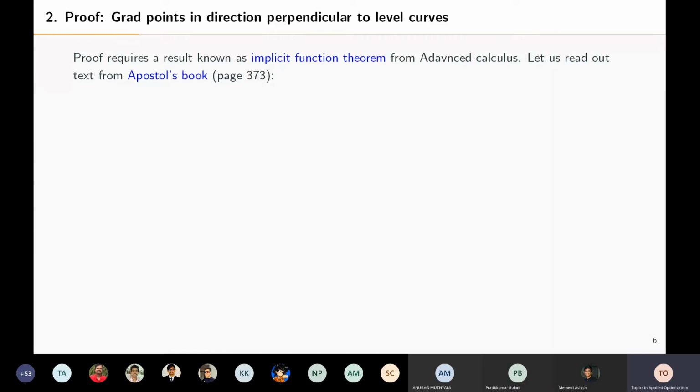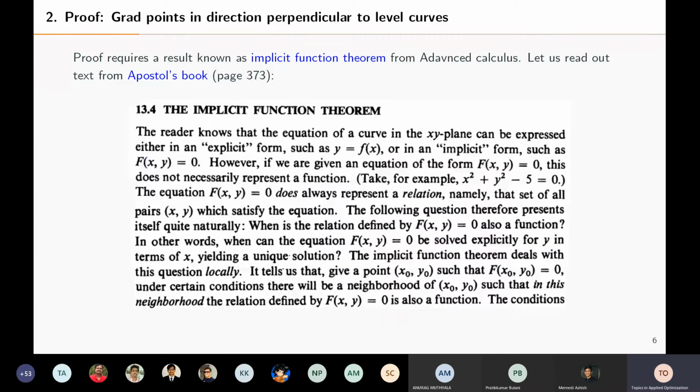Okay, and this comes from this multivariable calculus book by Apostol. So what it says is easy. So let us read this. The reader knows that the equation of a curve in the xy plane can be expressed either in an explicit form, such as y is equal to f of x, or in an implicit form, such as f(x,y) is equal to 0.